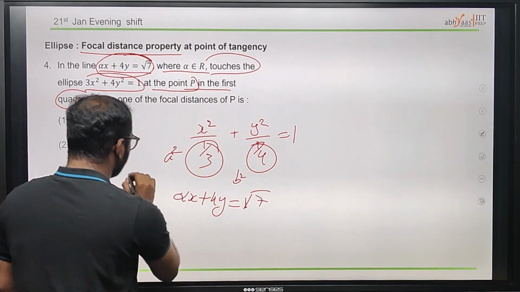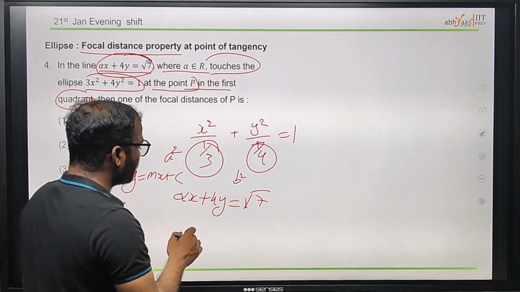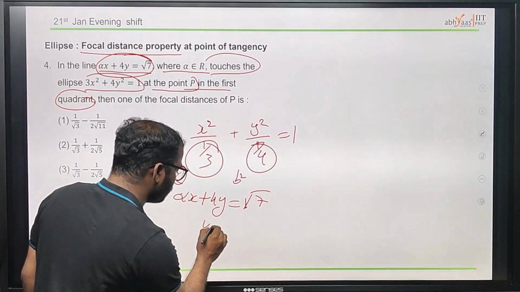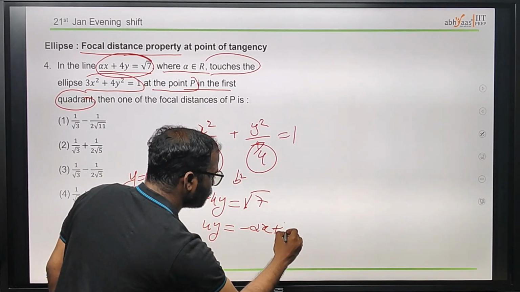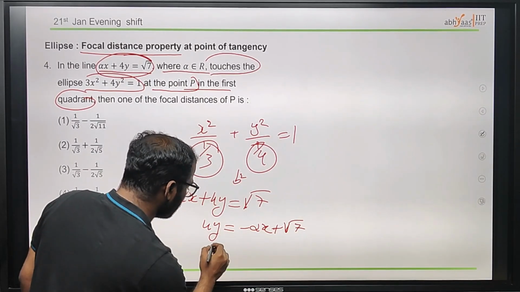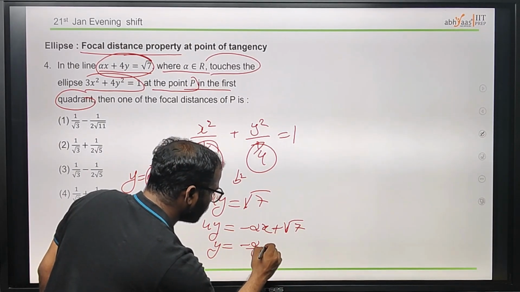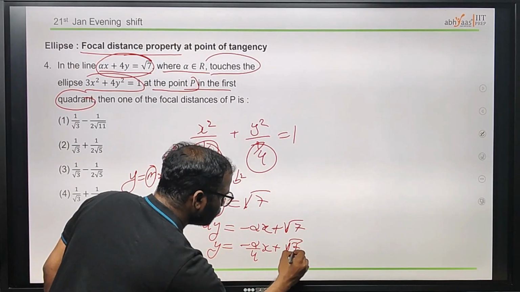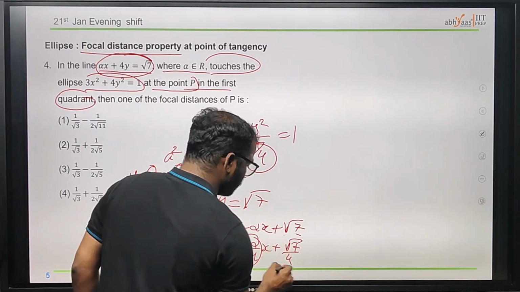Make it like y equals mx plus c, so we get m and c. We will have 4y equal to minus alpha x plus root 7. Now we have y is equal to minus alpha by 4 x plus root 7 by 4. Now we got m and c.